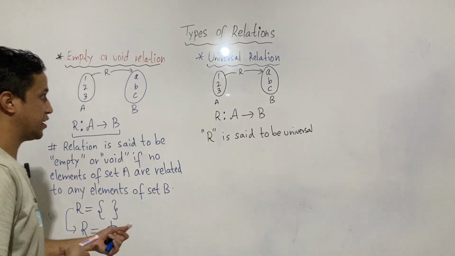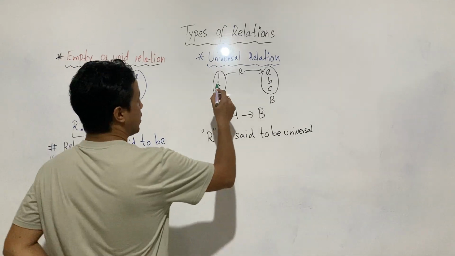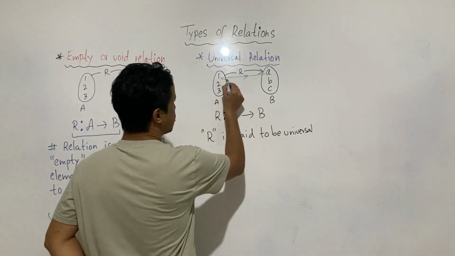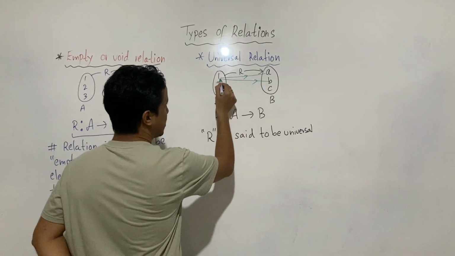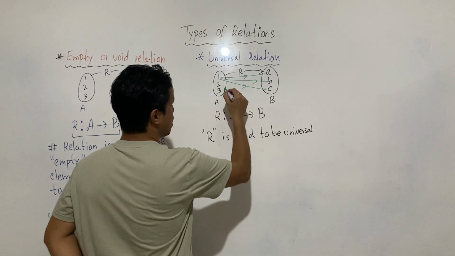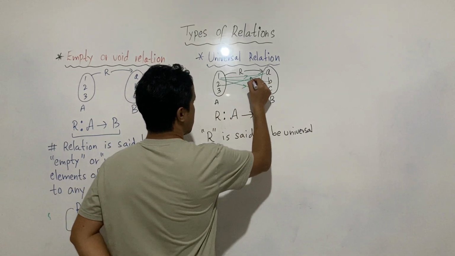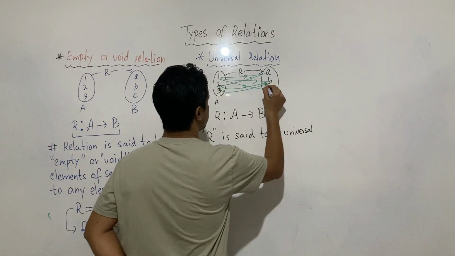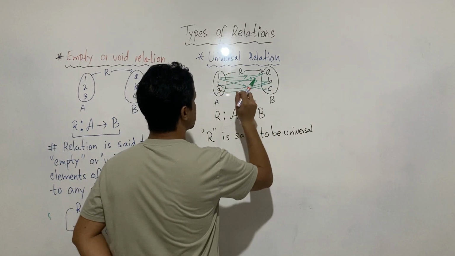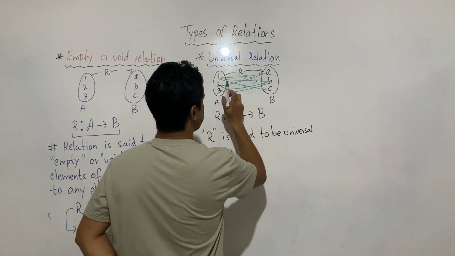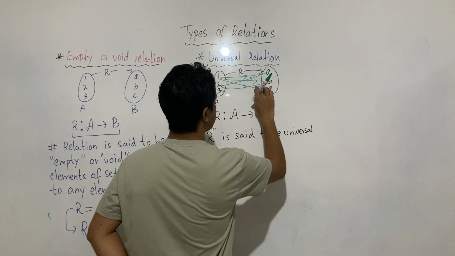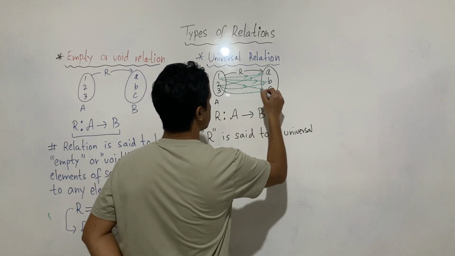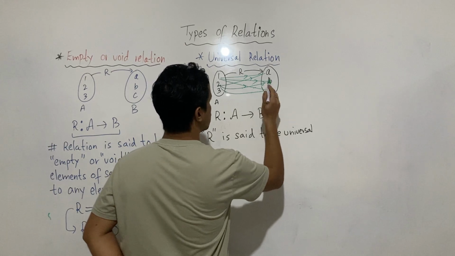So what does it mean? It means that 1 is related to a, 1 is related to b, 1 is related to c, 2 is related to a, 2 is related to b, 2 is related to c.